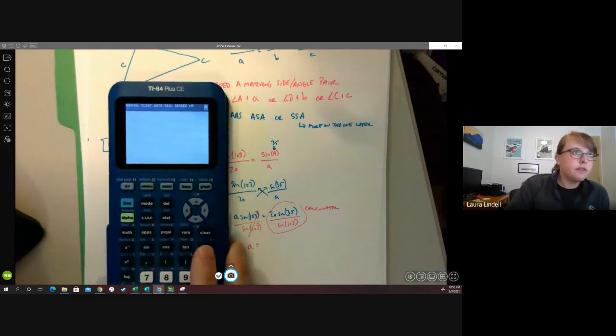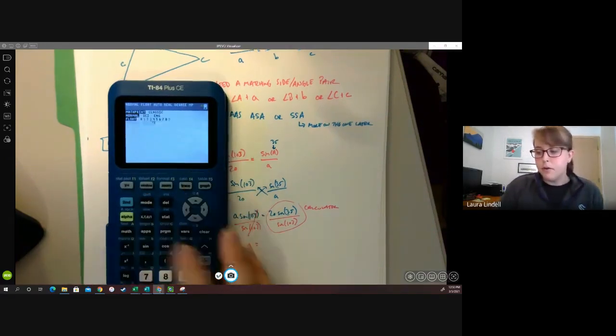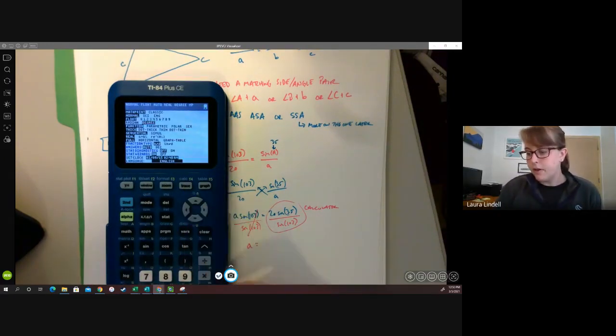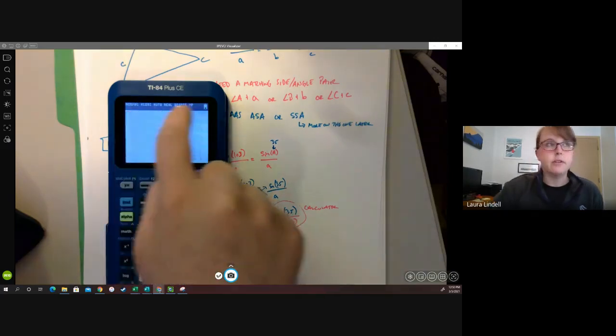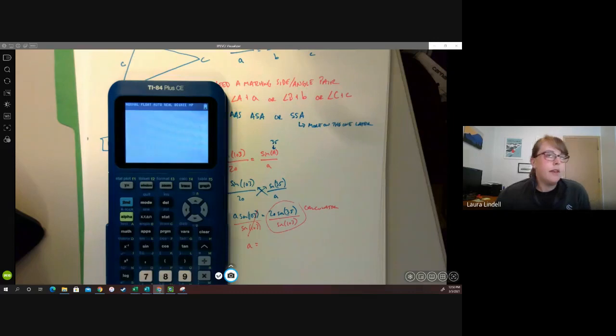If it's one of these, make sure you hit mode. Make sure your calculator is in degree mode. You can see it up here as well. And if you're using Desmos, make sure you click the wrench in the top right corner and click on degree. Otherwise, it will be in radian mode and you will get answers that don't line up with everyone else's and don't exactly work very well.